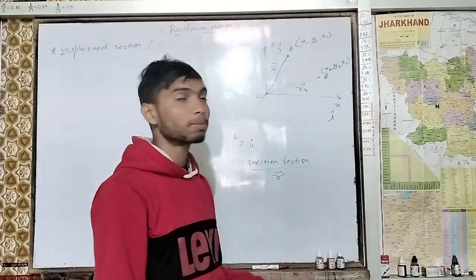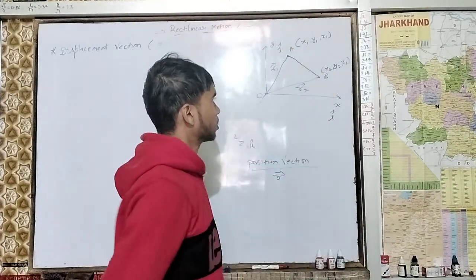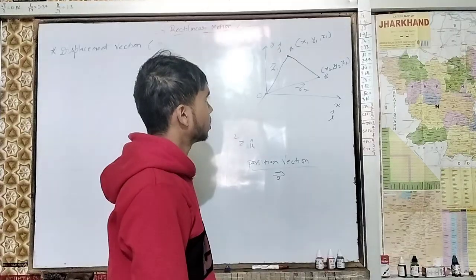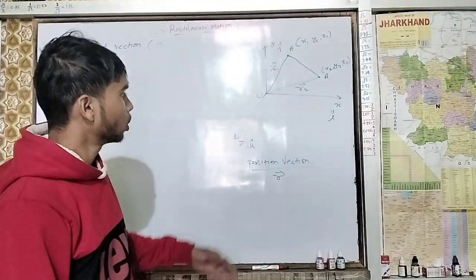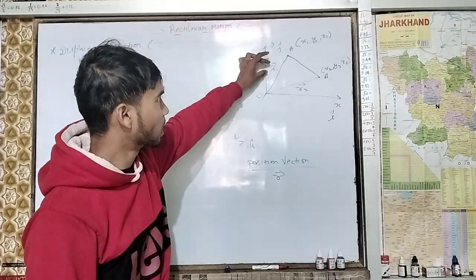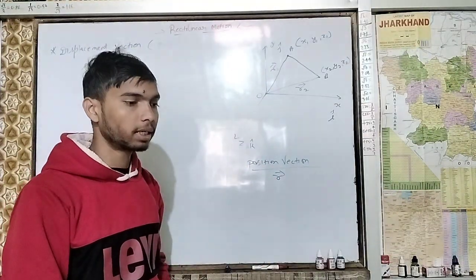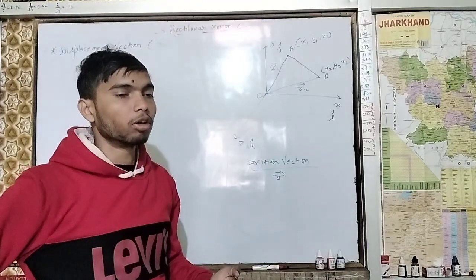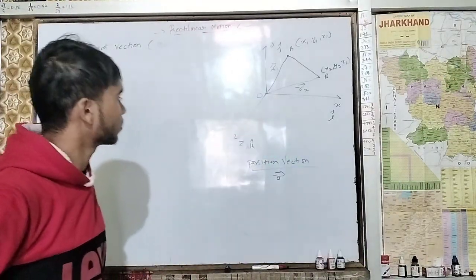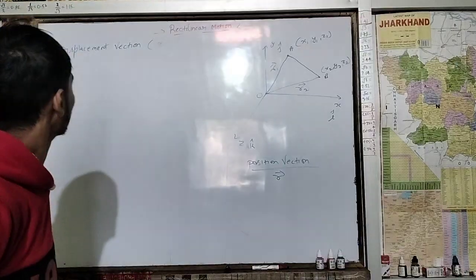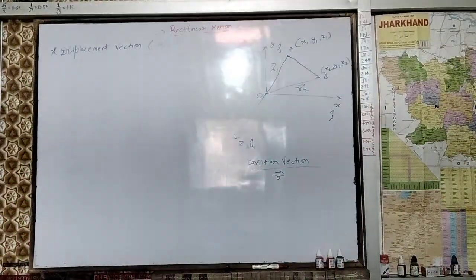How much did it displace? This much, A to B. This r1 is a position vector. We take it from a reference point to the object, as you can see over here. So the displacement vector in terms of vectors would be based on the position vector.